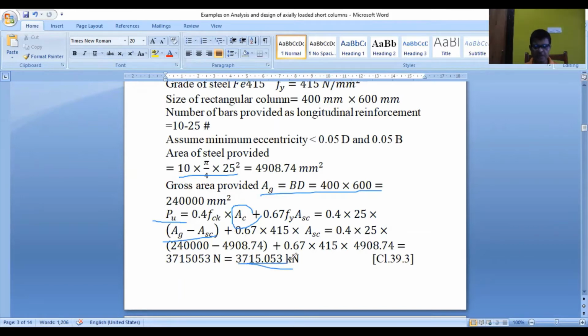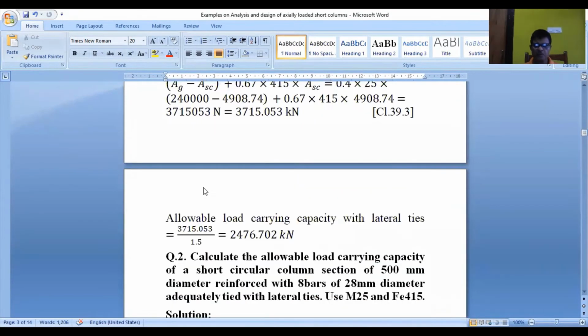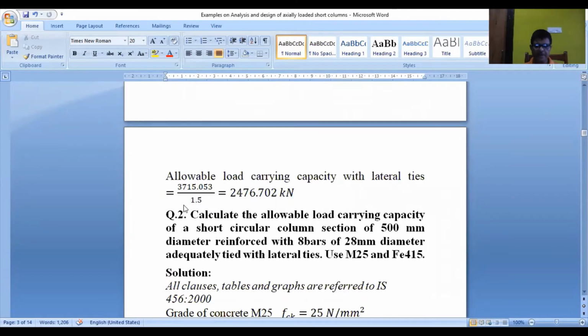Now Pu is given in kilonewton or Newton, as you say. So this is the ultimate load. So what will be the allowable or permissible load? That is equal to the ultimate load divided by the load factor, that is 1.5. If you divide this value by 1.5, you will find the permissible load, allowable load. Very simple. You can directly put the formula and get the solution.